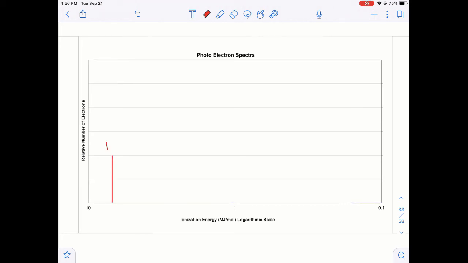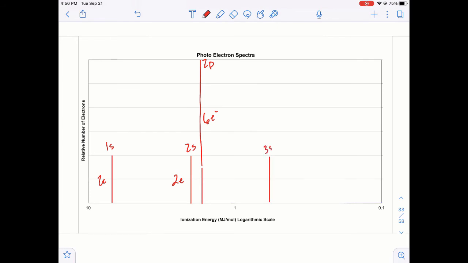So my first energy level, s, 2 electrons. My second energy level, s, 2 electrons. My second energy level, p, 6 electrons, because the p sublevel can hold 6 electrons.